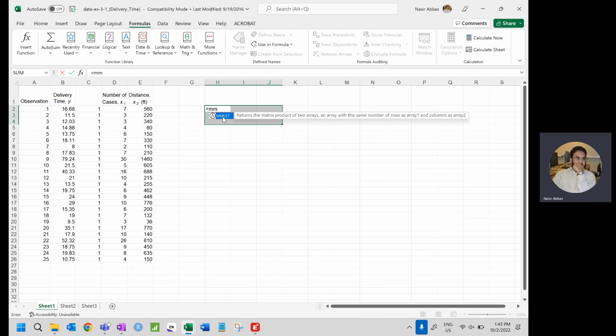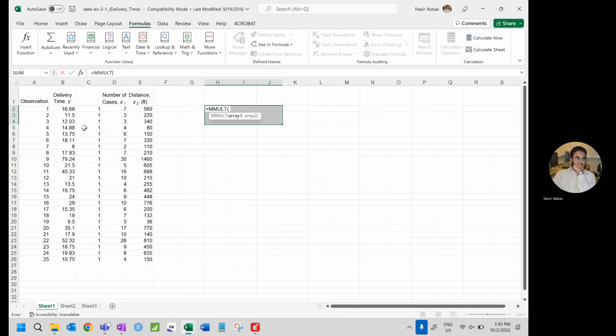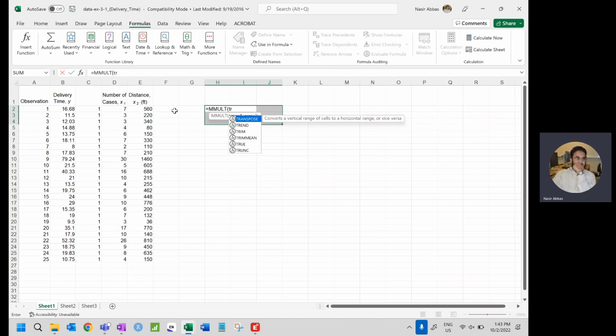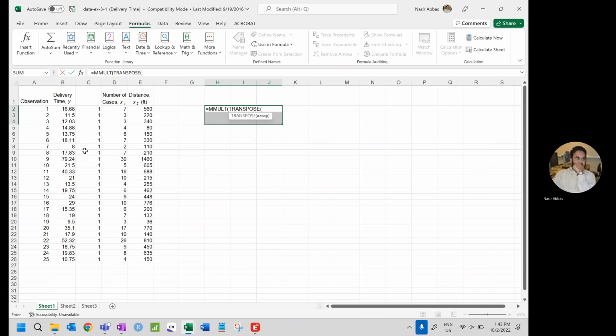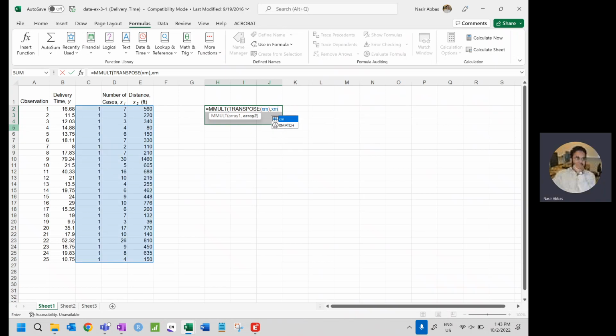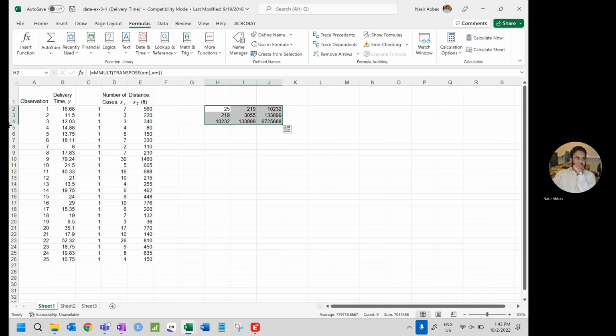The matrix multiplication command is MMULT. What is the first thing? X transpose. So again, I'll write the transpose of what? XM. And multiply it with what? XM. Control, Shift, Enter. To multiply the matrices, you don't need to press Enter separately. Control, Shift, Enter. This is X transpose X, 3 by 3.